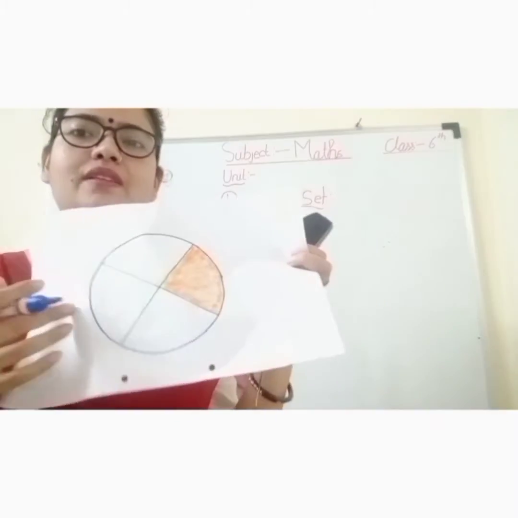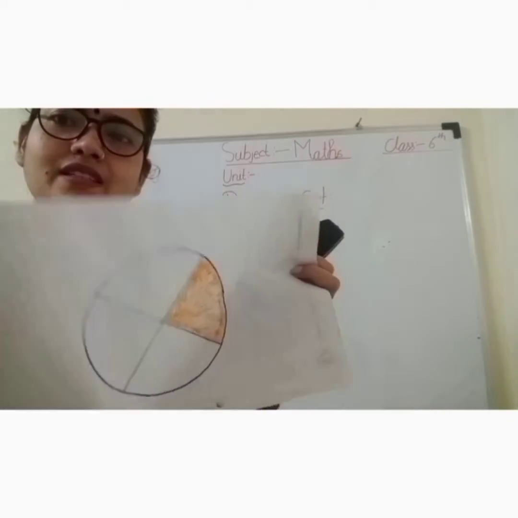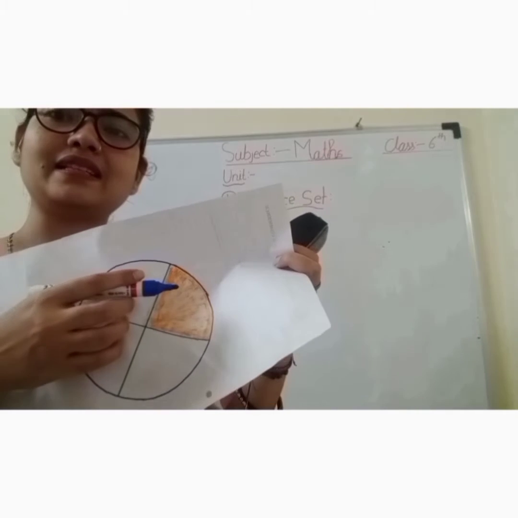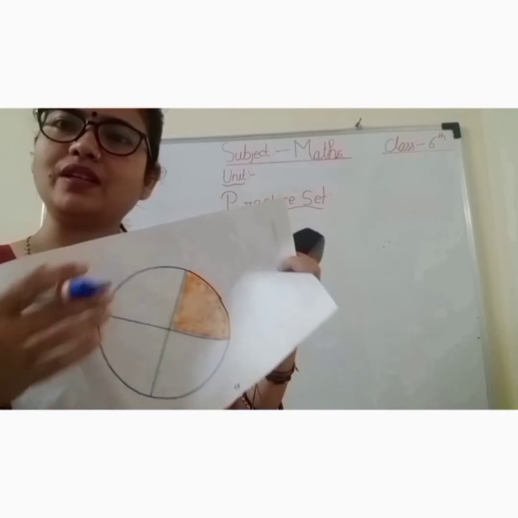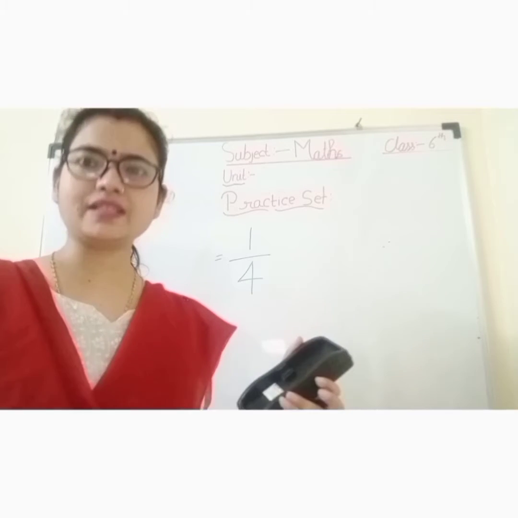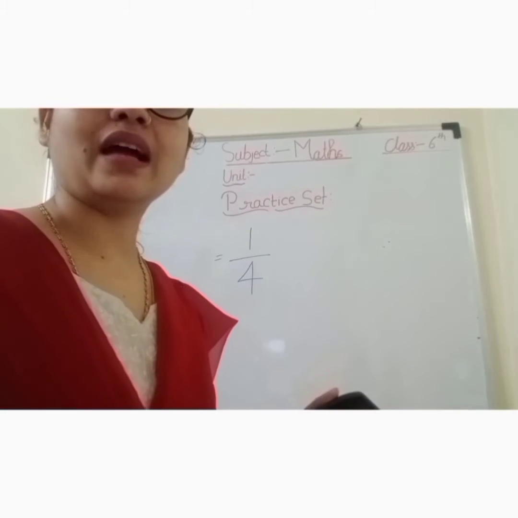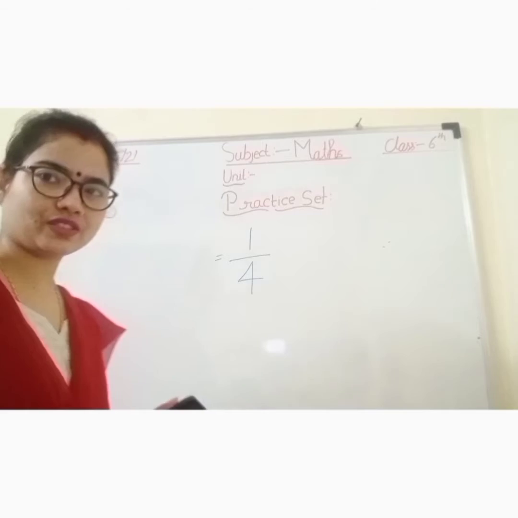See here, students. One part is orange and the total whole is 1, 2, 3, 4 parts. I hope you all have solved this sum. Now we will move to the next question.